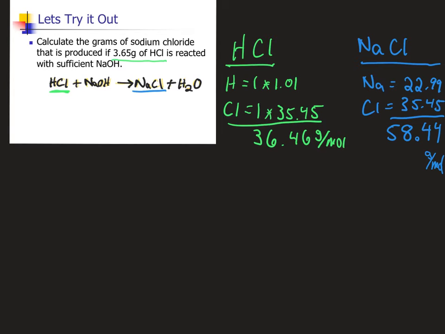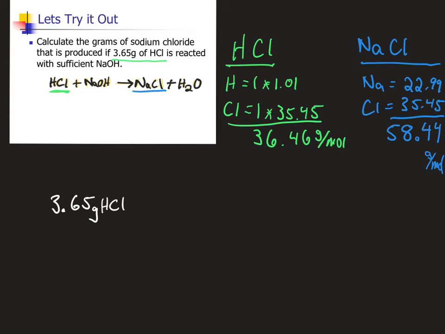Okay. Now it becomes the conversion problem. Now it becomes the, all right, what do I start with? What am I given in the problem that I have to start with and start solving with? Well, I'm given 3.65 grams of HCl. I then need to convert that into moles.